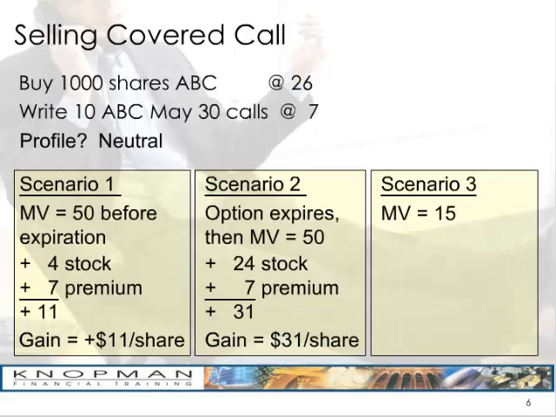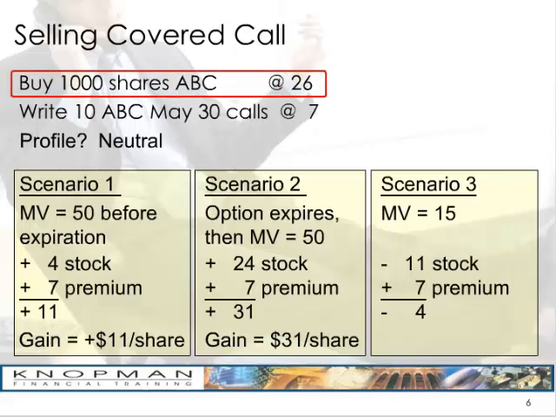On the second position, we sold these May 30 calls. Stock's worth 15. So again, when the market value is below the strike, the option expires, but we keep the premium. So we're out $11 on the stock. The option expired. Then we made our $7 premium. So here we only lose 4.